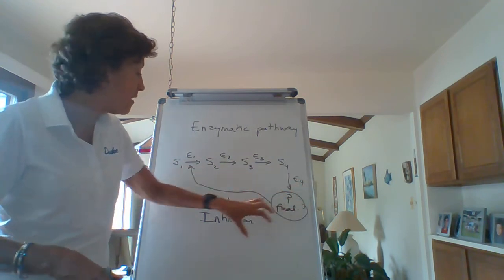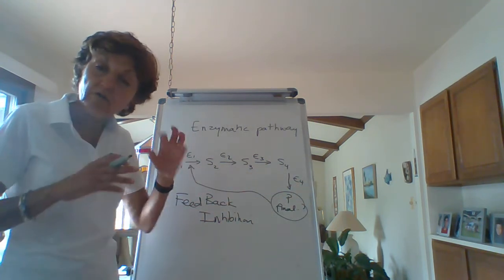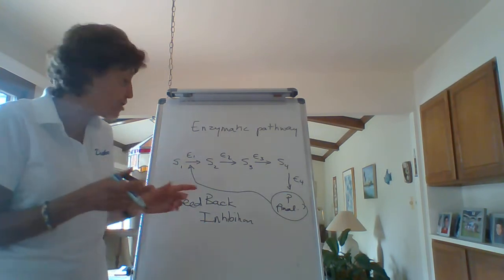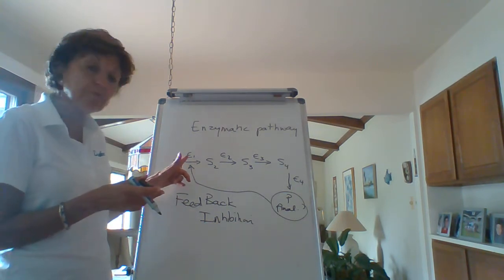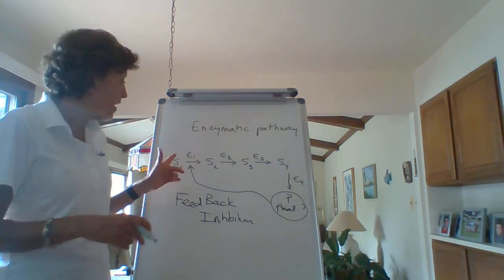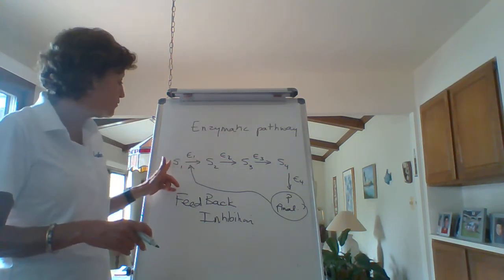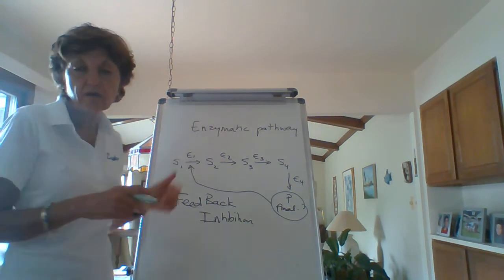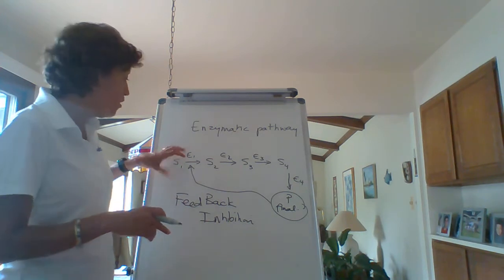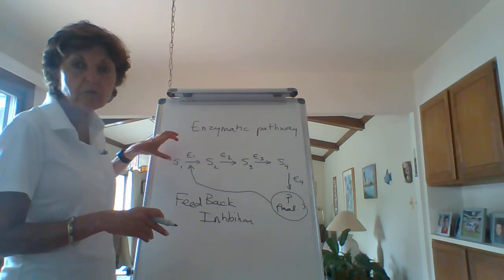So this is going to come and bind to an alternate site on the enzyme. It'll force the enzyme to change its shape, and then this substrate won't be able to bind, and the whole pathway has been blocked. Now we have to have an alternate route for this. It's going to go in a different pathway or be turned into something else or just start to accumulate in the cell.